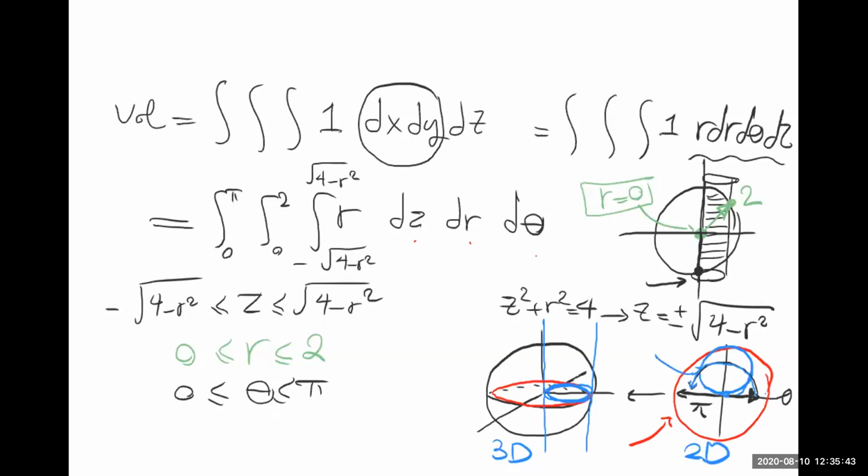Sorry, here I made a mistake. It's not 0 to 2, it's 0 to 2 sine of theta. Actually, there is a simple mistake here. The value r equals 2 sine of theta is the maximum value of r. So r here at the center is 0. It would get up to 2 sine theta.